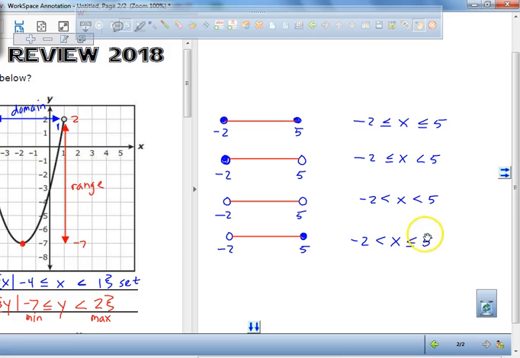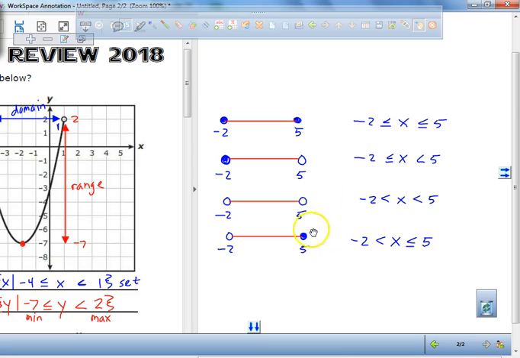That's how you read it, from the inside out. So what does this mean? X is greater than -2 or less than 5. You can also say x is less than 5 or greater than or equal to -2.